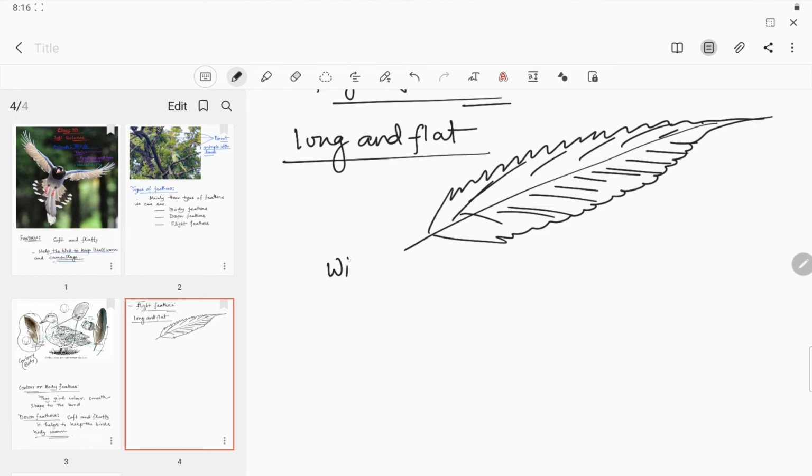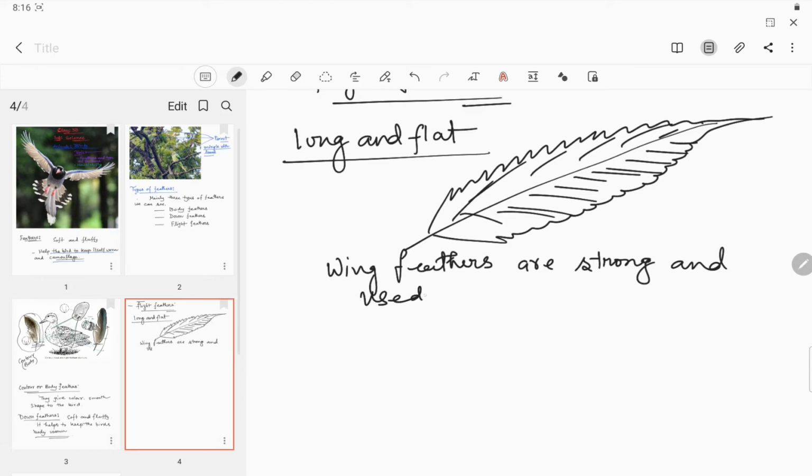So wing feathers are strong and used in flapping.